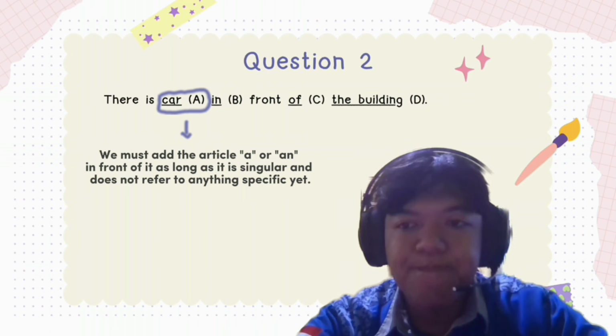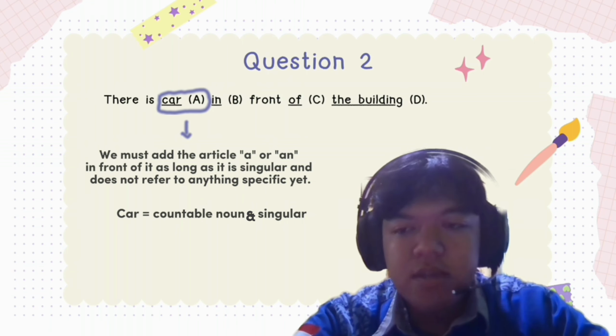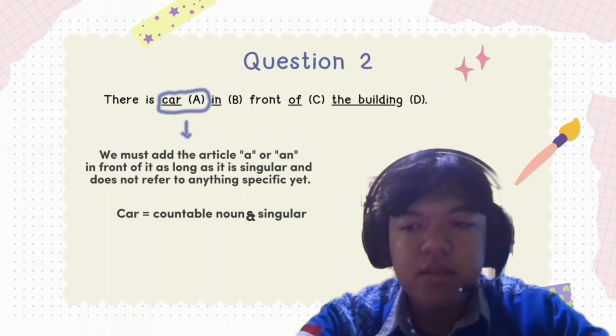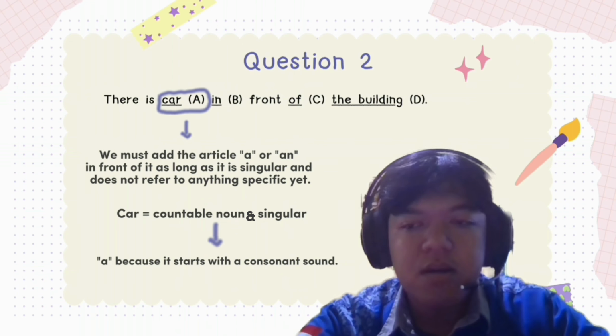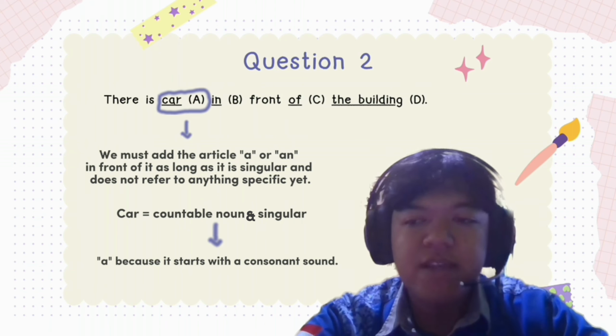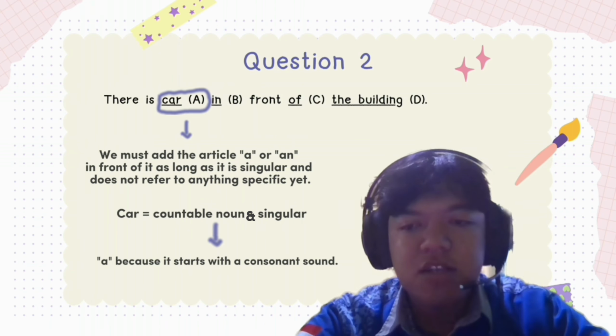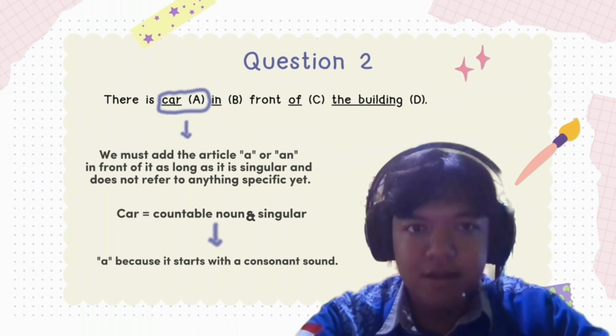For example, in this sentence, the word car is a countable noun and it is singular, so it needs to be preceded by the article a because it starts with a consonant sound. Conversely, if the word begins with a vowel sound such as apple, the article is an.